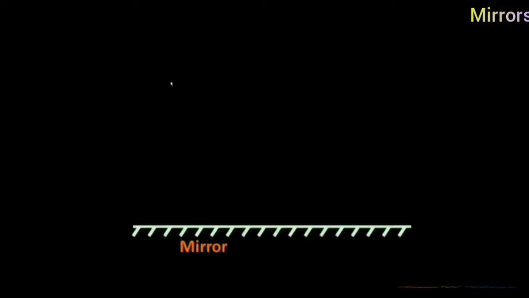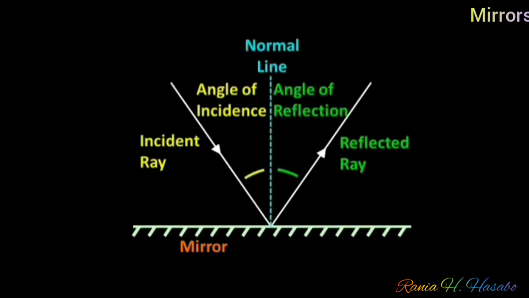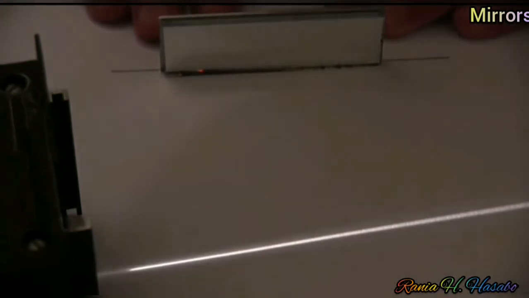From this practical exercise, we can compare the angle of incidence and the angle of reflection. To do this, firstly draw a line on a piece of paper. Then place a mirror on the line, where the glass is in front of the line.